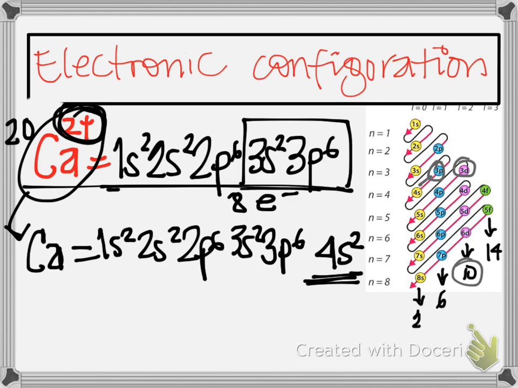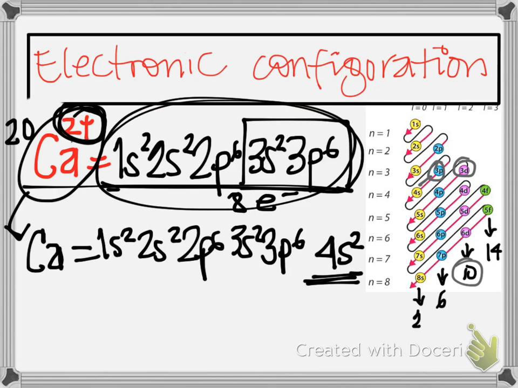So anyway, that's it. If you see a charge with the element, that means that it gained or lost electrons. And then you have to present the electronic configuration according to what you see on the element. Okay, I hope that you find this helpful.